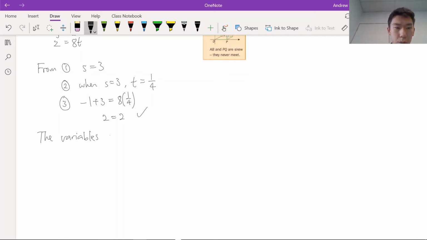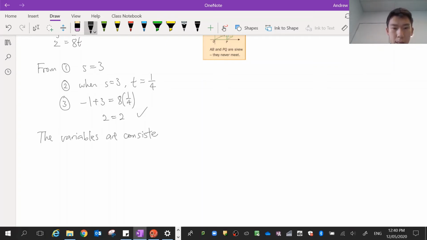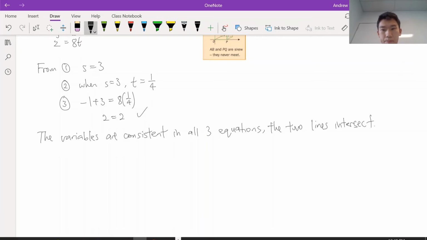The variables are consistent in all three equations. The two lines intersect. Okay?